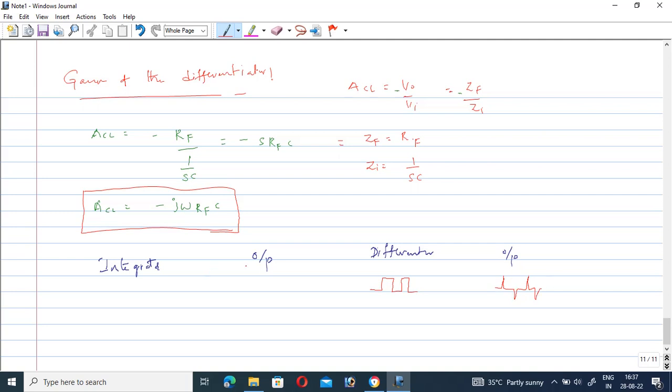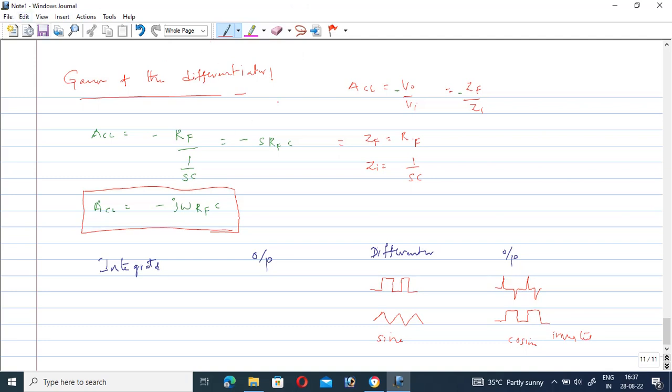If you provide a triangular wave, it produces a square wave output. If you provide a sinusoidal signal, it provides an inverted cosine. This is the input and output for the differentiator.